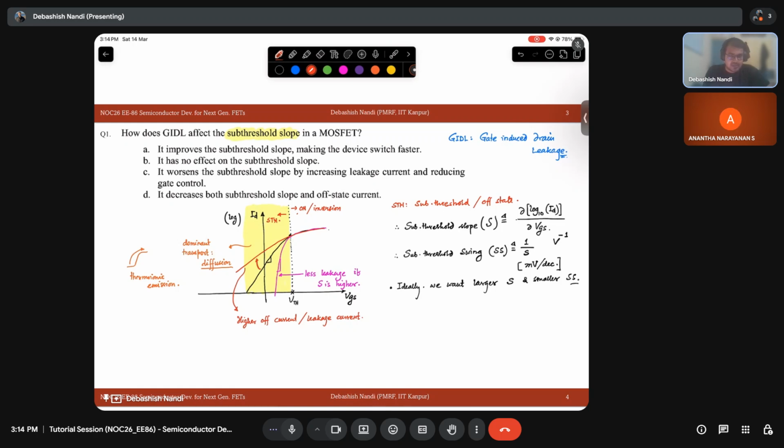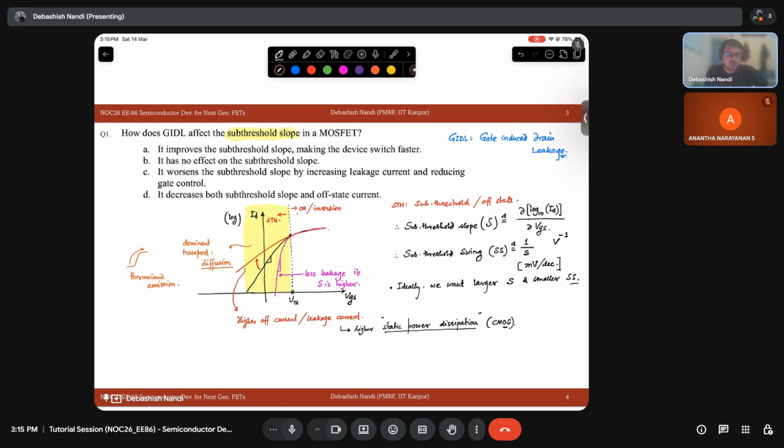This is called static power dissipation in CMOS parlance. Fine, so this is not desired, right?